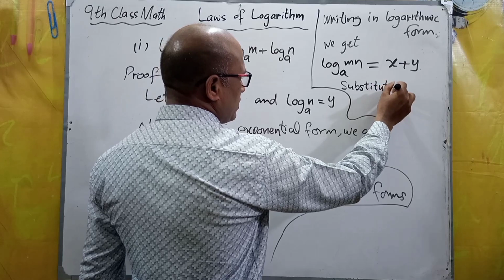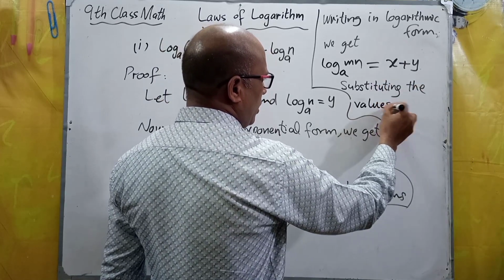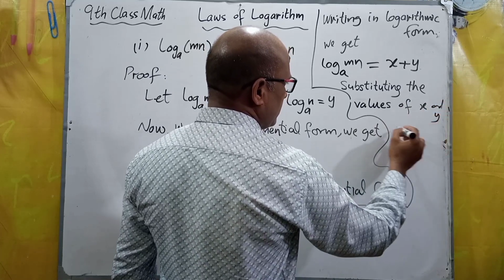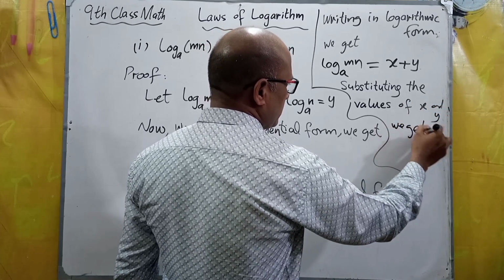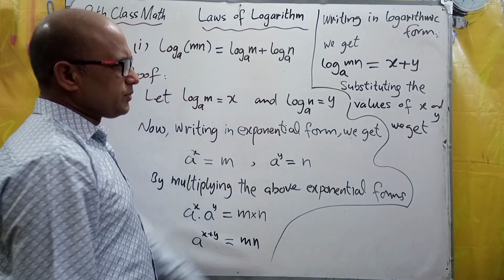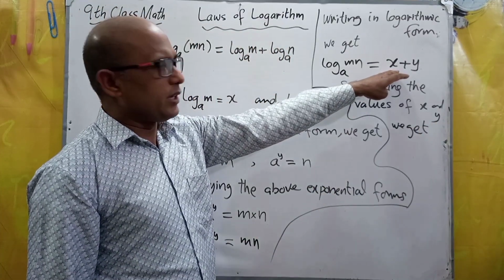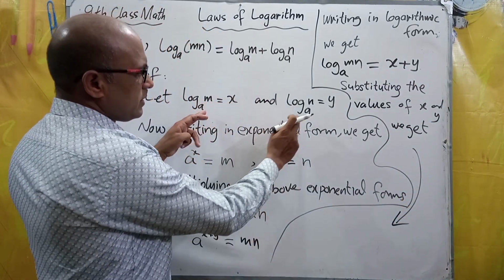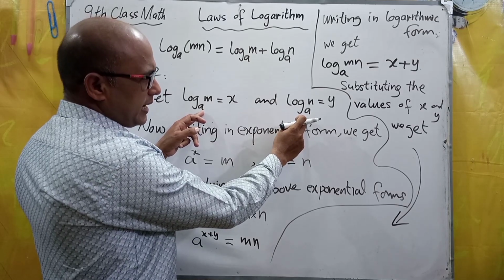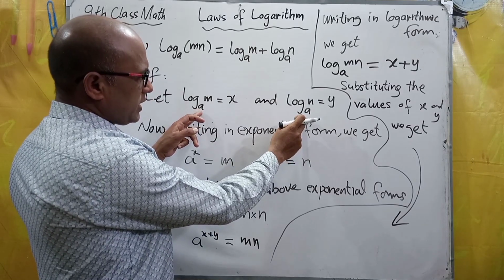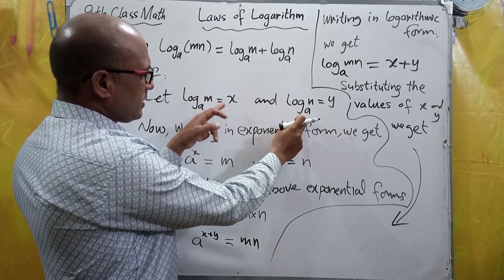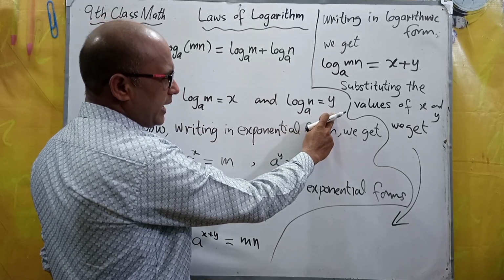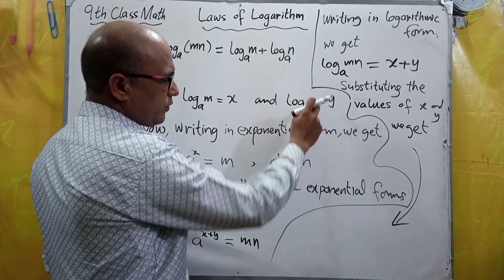Now, substituting the values of x and y, we get: when we substitute the values of x and y, we'll get the supposition we had done at the start of the question. We'll write in place of x log a of m, and in place of y we'll write log a of n.